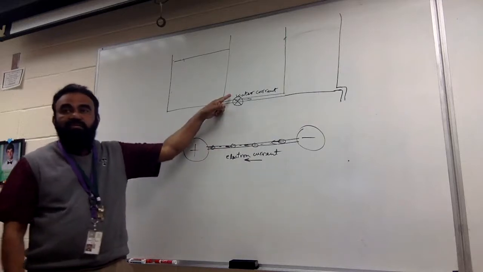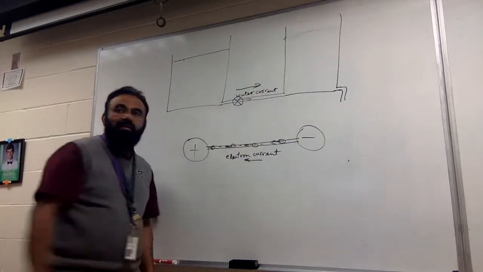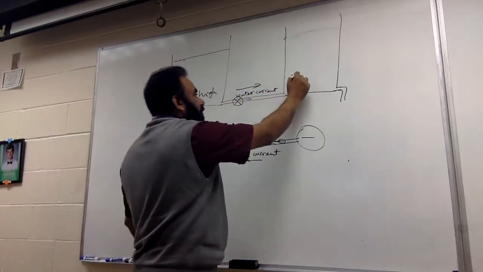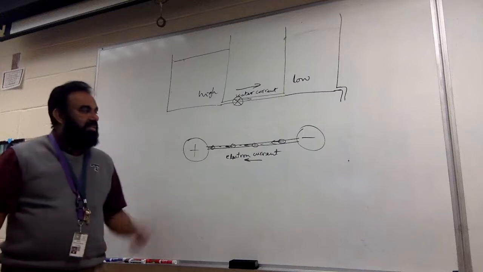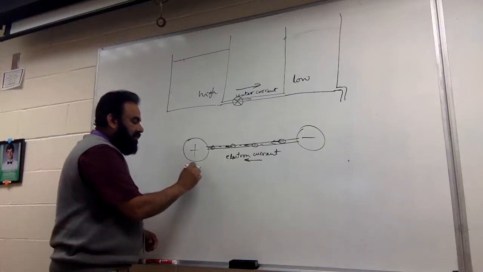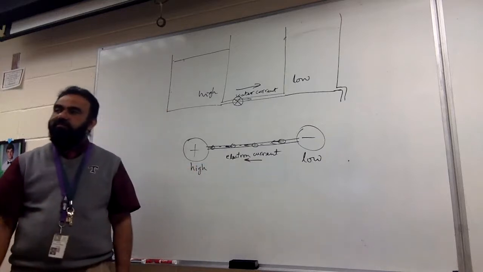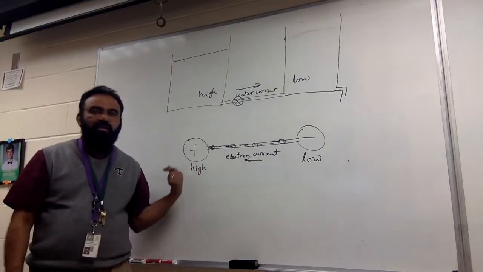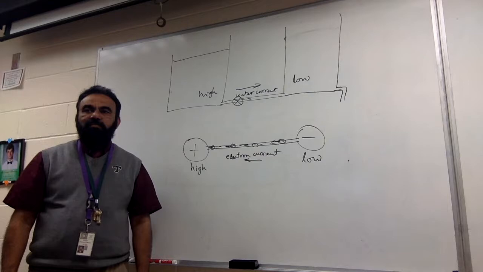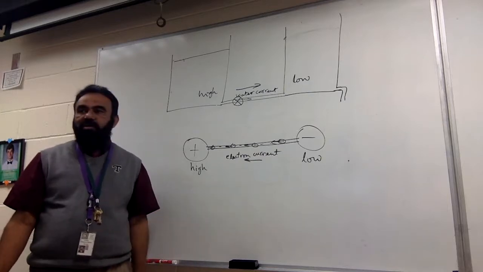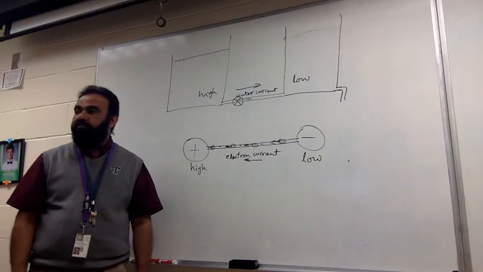Now, the water current was this way, from high to low. But the electron current is from low to high. Why is this going this way? Because they are negatively charged. Negatively charged, they go in the opposite direction.